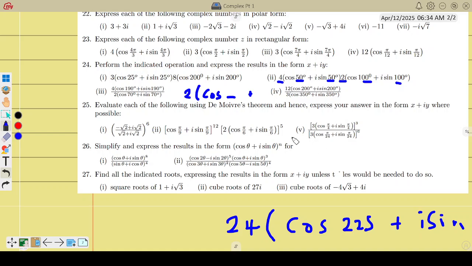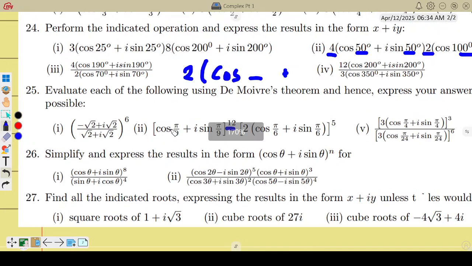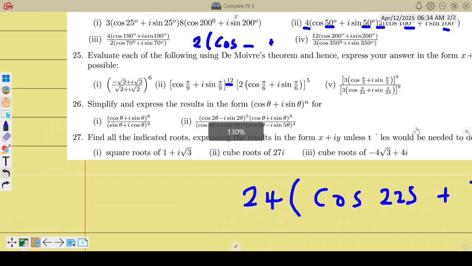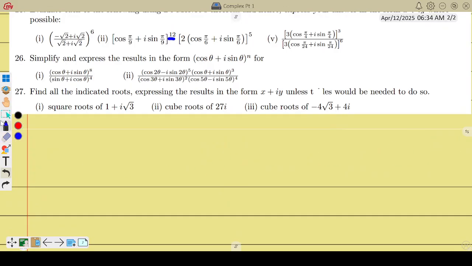On de Moivre's theorem, we have said that when there's a power, this power can become the coefficient. So let's quickly answer something on de Moivre's. So here we don't have r, but you can see we have a 2.